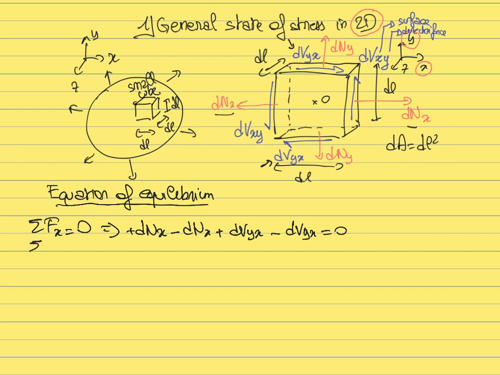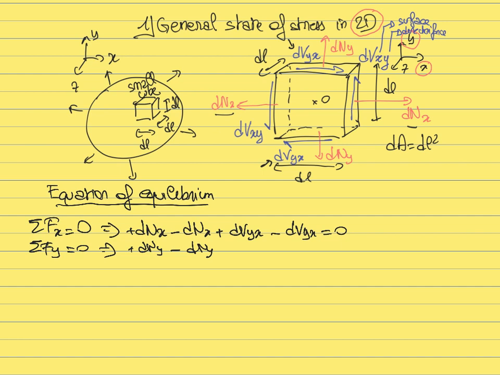Let's see what we get by saying that the sum of the forces along y is equal to 0. Same thing, now we look at the projection of all the forces along y. So we have the two forces dNy that are at the top, positive projection, and at the bottom, negative projection, and we have the two shear forces applied on the right and on the left.